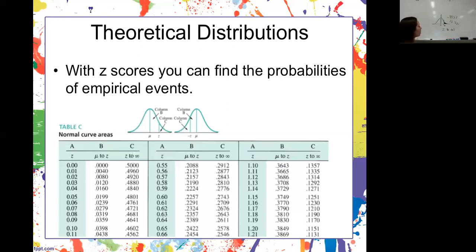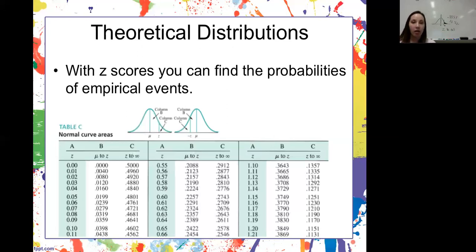Like I was saying earlier, if our question is asking for the middle of the distribution, the top of the curve, if you will, you're mostly going to be using our mean to z column, so column B. If you're more interested in the edges or the extremes of the distribution, then you're mostly going to be working with column C, or your z to infinity column.